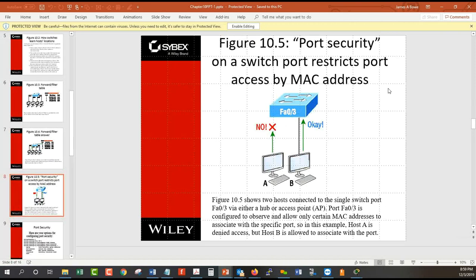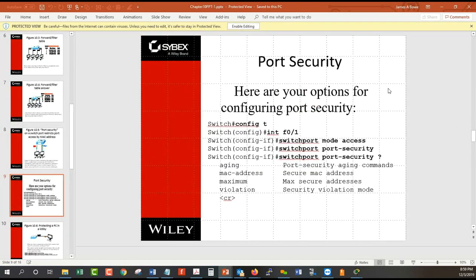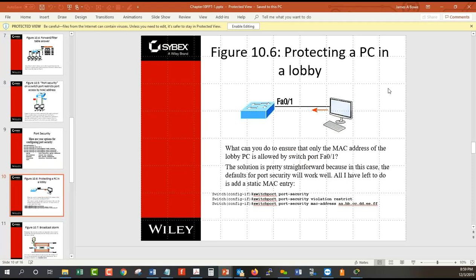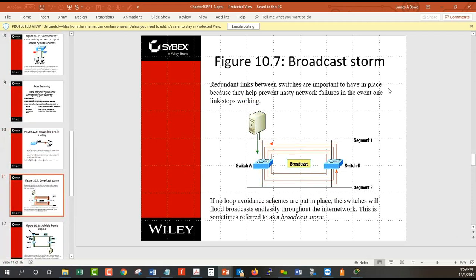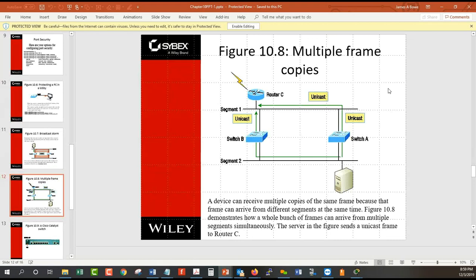Okay. Port security, be familiar with the different commands, your different port security commands, and here they are here, okay? So your options for switch port security would be aging, MAC address, maximum, as well as specifying the violation. All right.